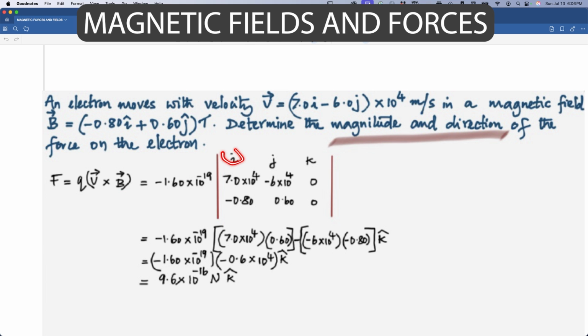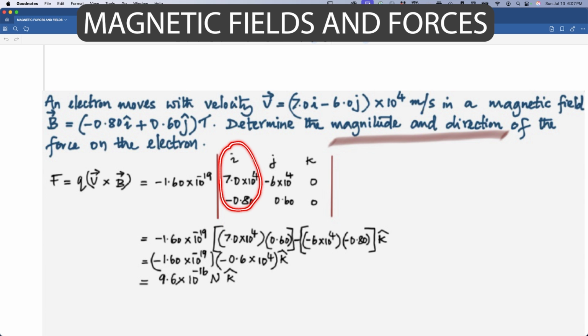So you have the i, j, k, but the order is important. So first take the components of velocity. You can see 7.0 times 10 raised to 4, that's for i, and that's j. There's no k, so it's 0. Next, for the magnetic field, same thing. You put down the components, and then this you have to know. I'm not going to go through it, but you have to know to find the value of the coefficient of i.